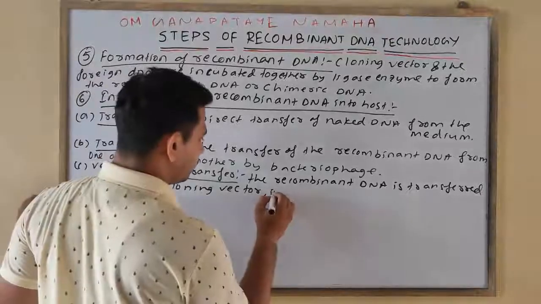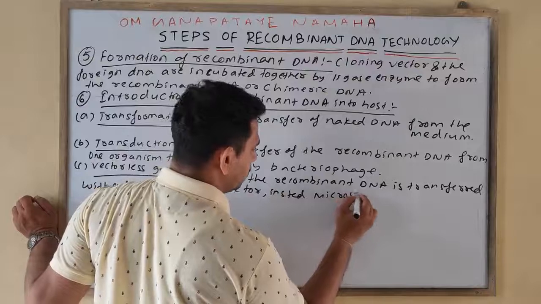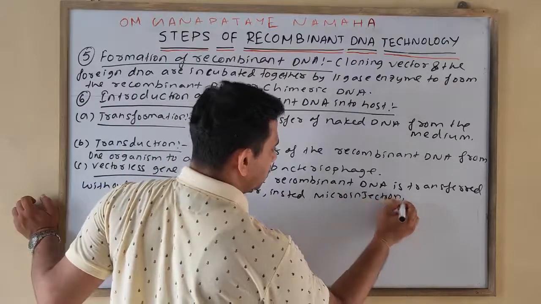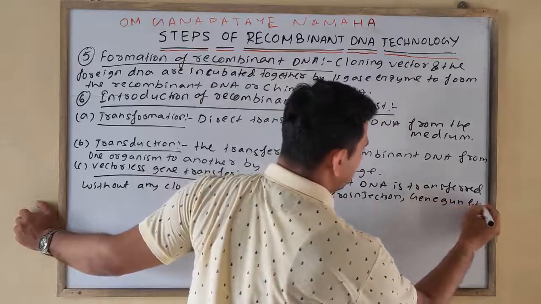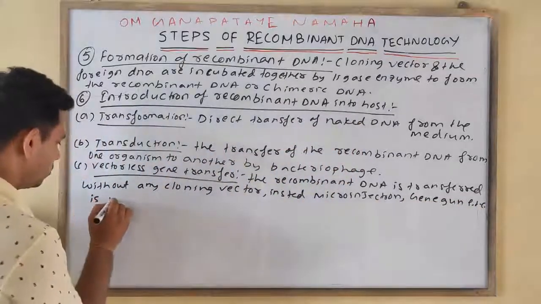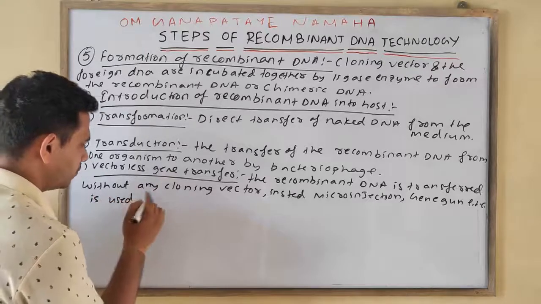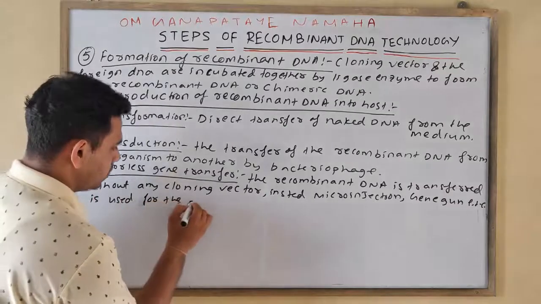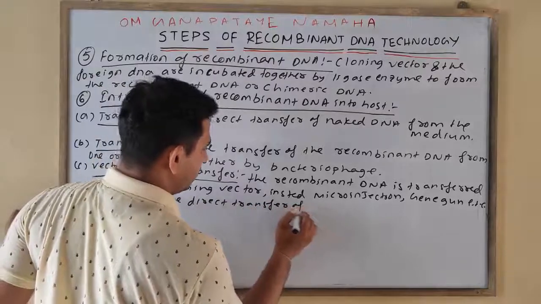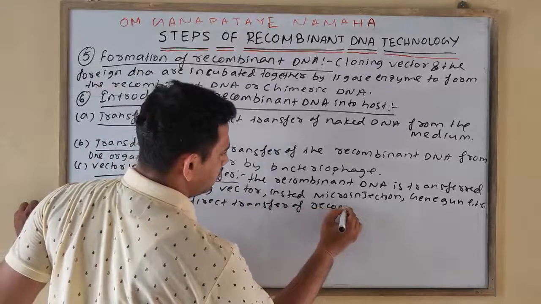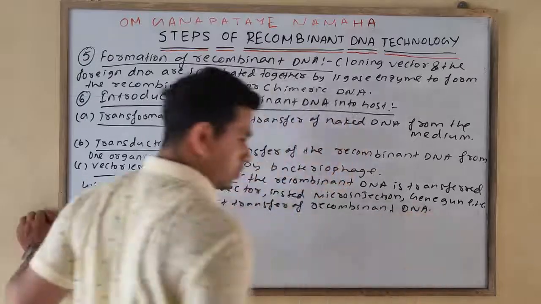Instead, microinjection, gene gun, etc. is used for the direct transfer of recombinant DNA. Okay, simple.